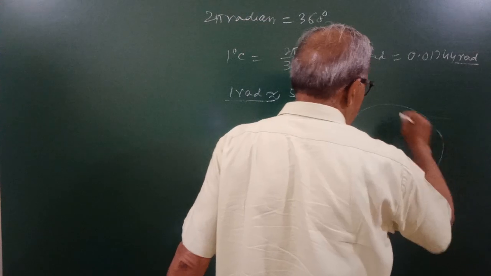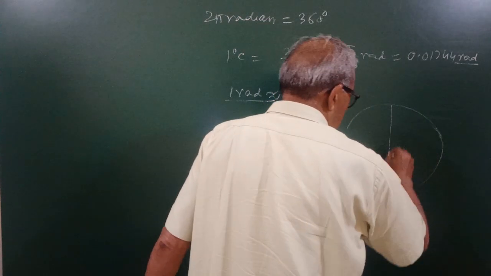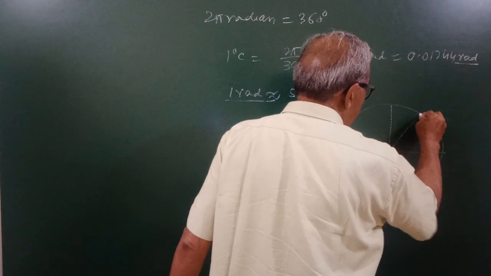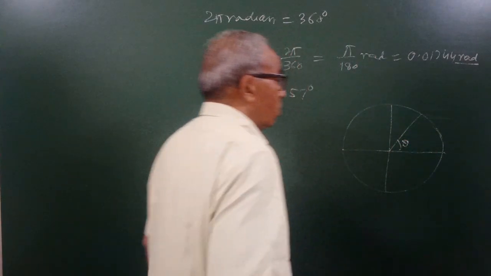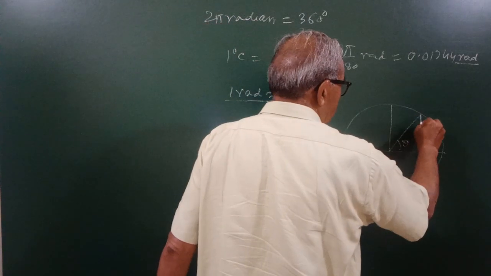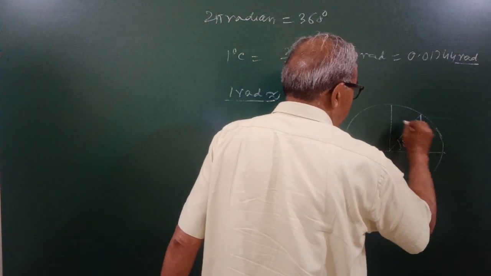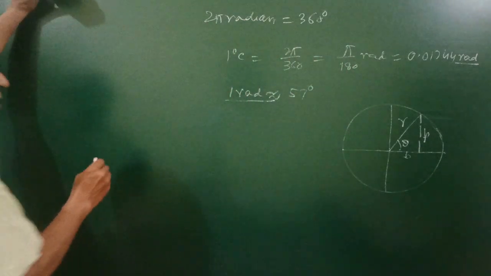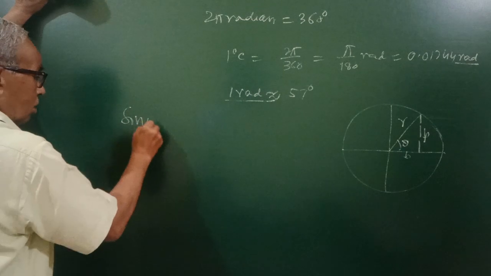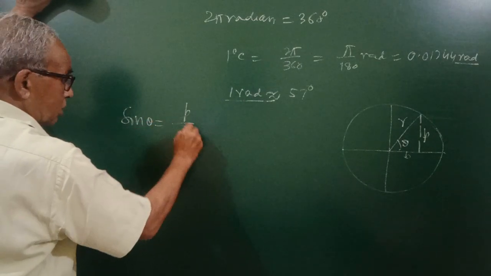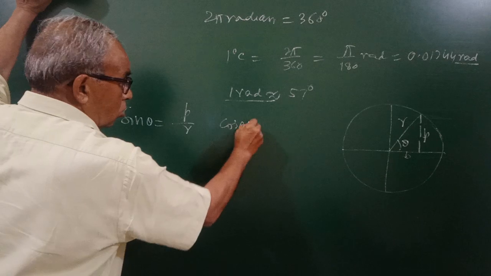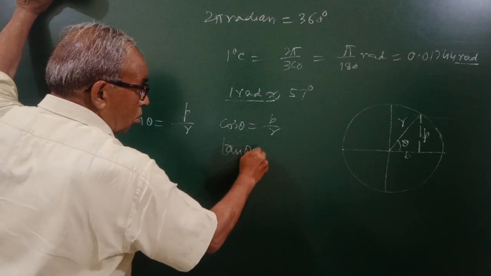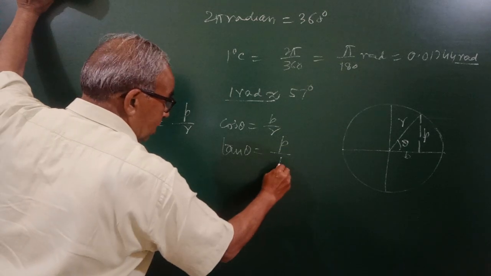If this is the circle here, and this is angle theta, and if I draw a perpendicular, this becomes perpendicular, radius, and this is base. So sin theta is equal to perpendicular upon radius, cos theta is equal to base upon radius, tan theta is equal to perpendicular upon base.